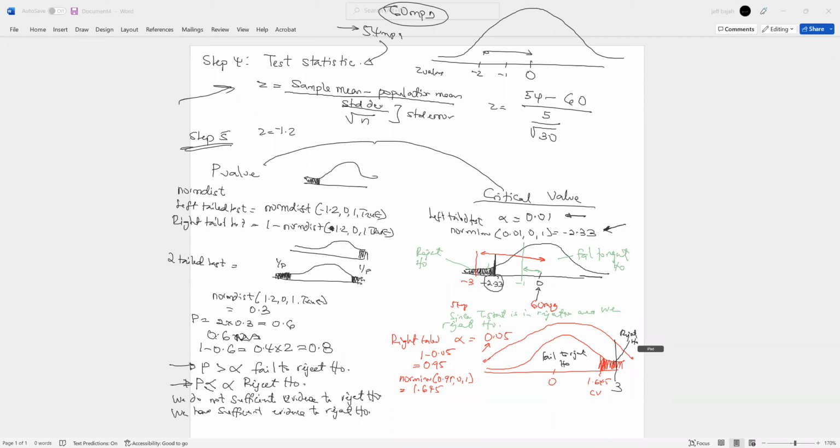I know that because I found my critical value, which has created a boundary. And this boundary is telling me that any number that is 1.645 or more is going to be rejected. Not the number rejected, but we will reject H sub 0, just because it's so far.